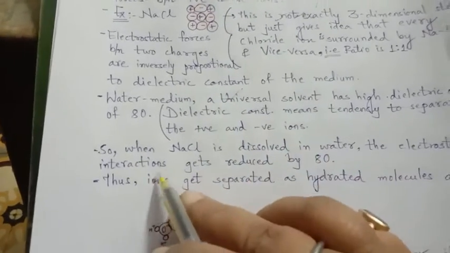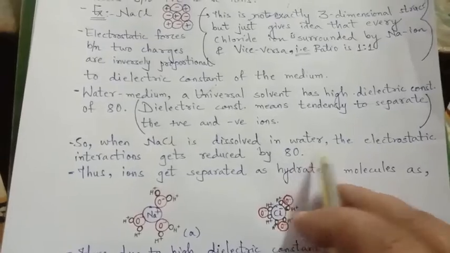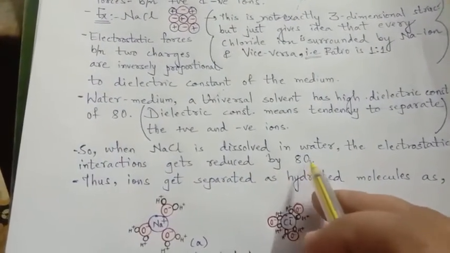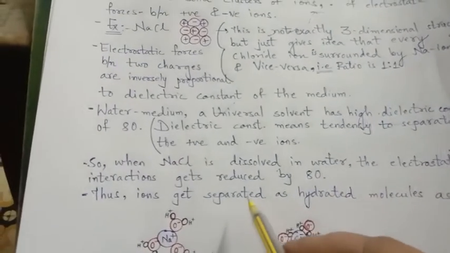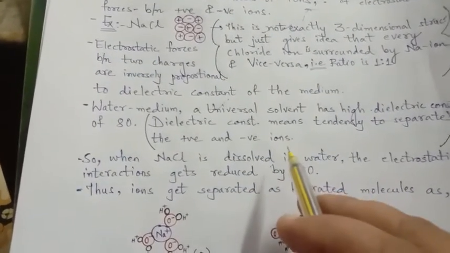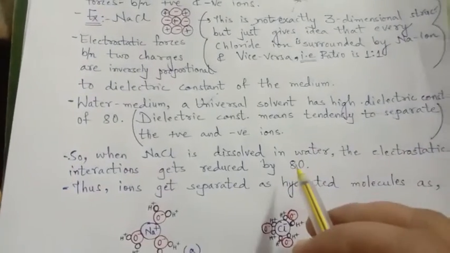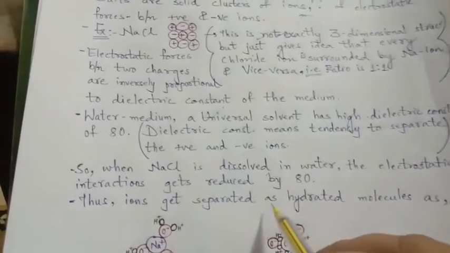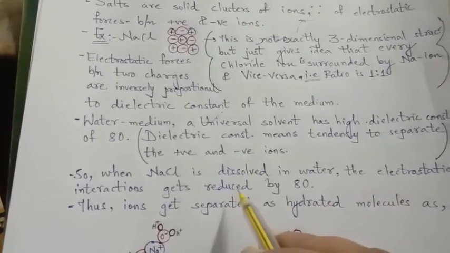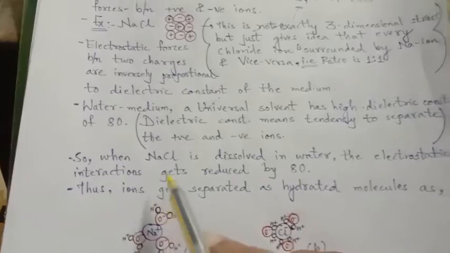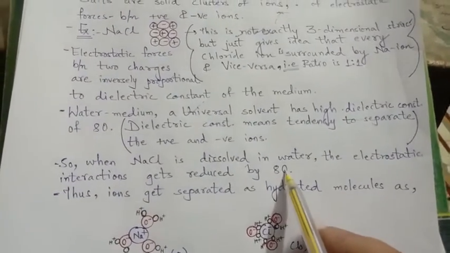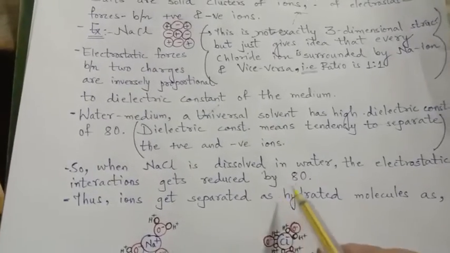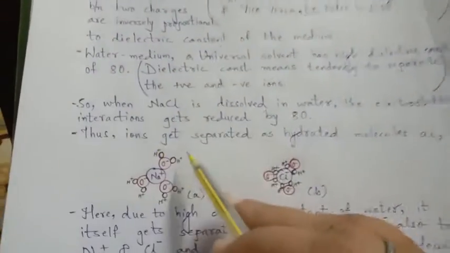So when sodium chloride is dissolved in water, the electrostatic interactions are reduced by 80 times, which is why electrostatic force is inversely proportional to dielectric constant. As per the factor of the dielectric constant, that many times the forces are reduced.